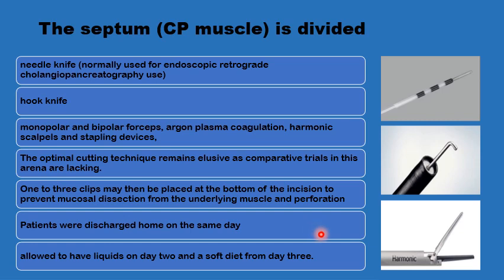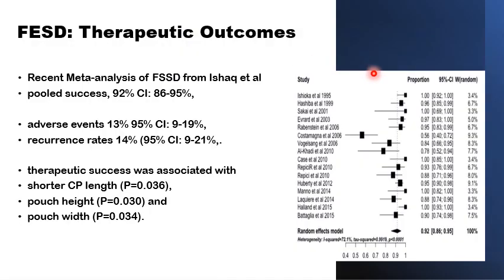Patient can be discharged home the same day, and they can be allowed things like liquids on day 2 and soft diet on day 3. A large meta-analysis study of the outcomes of flexible endoscopic approach showed that the success rates are very comparable to the rigid endoscopic approach or the open surgery approach, with success rates of about 92%.